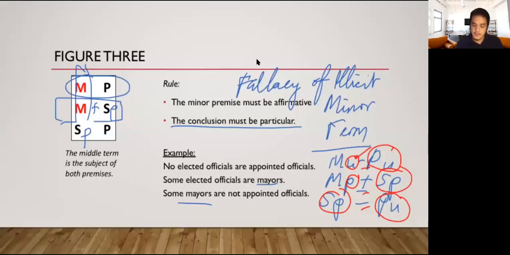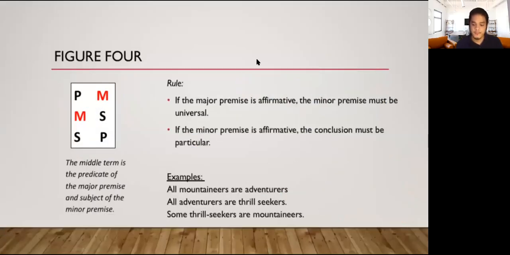Now, last, we go to figure 4. We have the inverted diagonal. The middle term is the predicate of the major premise and the subject of the minor premise. There are two rules, but they are more of conditions on the rules of figure 4. If the major premise is affirmative, the minor premise must be universal.